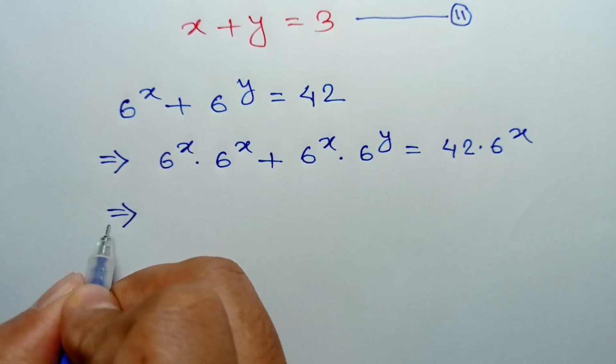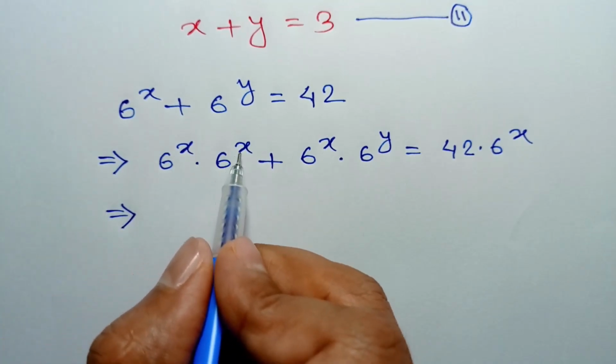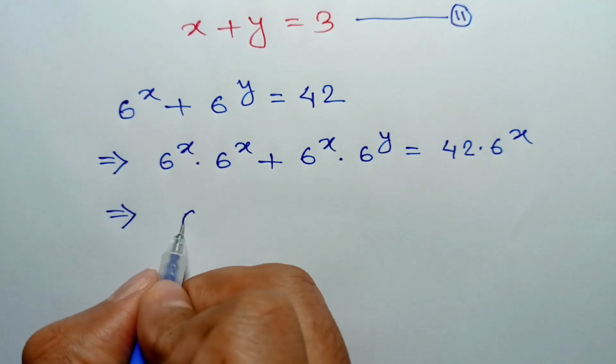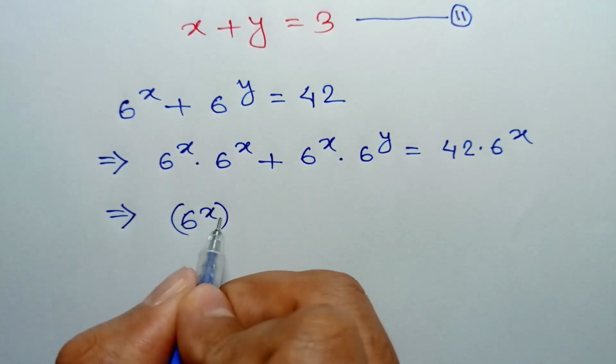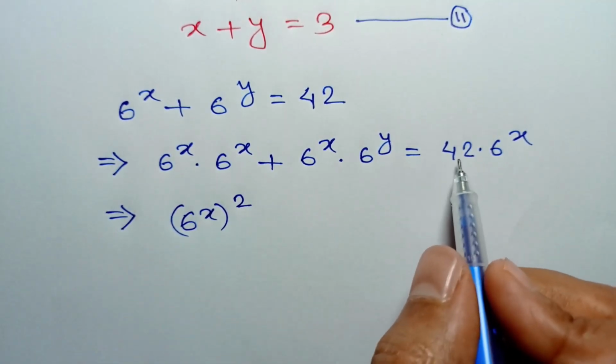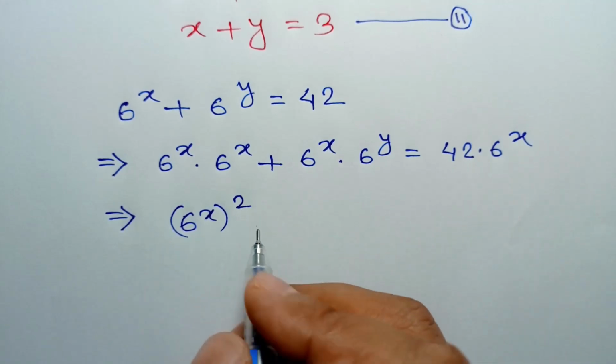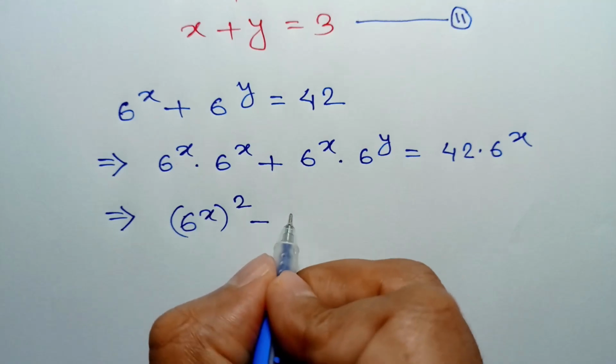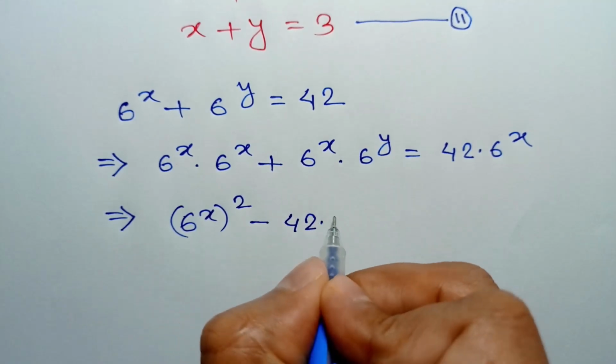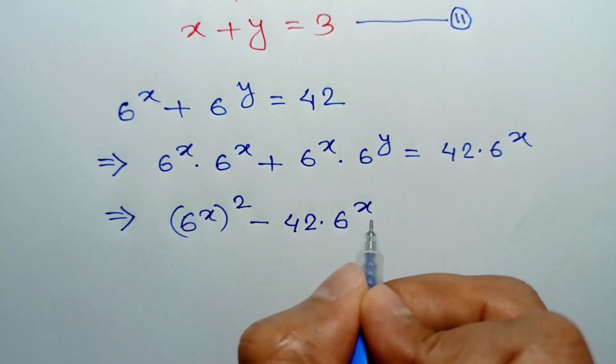6 to the power x times 6 to the power x can be written as 6 to the power x whole square, and taking 42 times 6 to the power x to the left side we can write negative 42 times 6 to the power x.